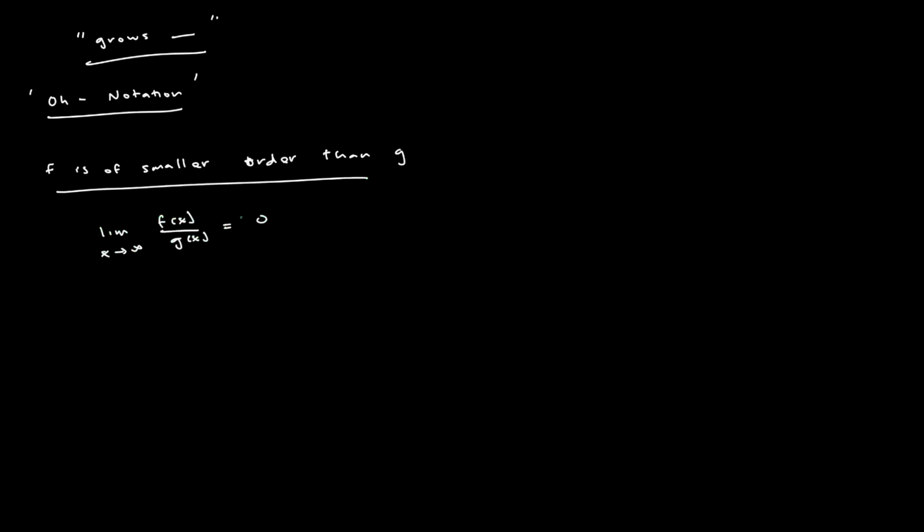Because we're saying that f grows slower than g, and that's the same thing as saying f is of smaller order than g, and because of what we have seen before, this limit relationship must hold true. And when this limit relationship holds true, we can write f is equal to O, the letter O, of g, and that's just saying f is little o of g.